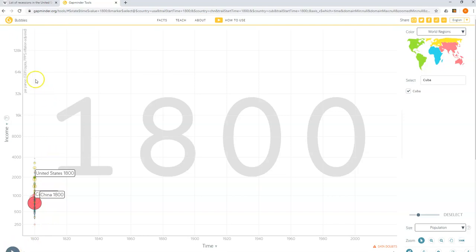Again, this is income per capita in purchasing power parity, inflation adjusted. So this is adjusted for inflation and adjusted for population. Okay, let's click on play.